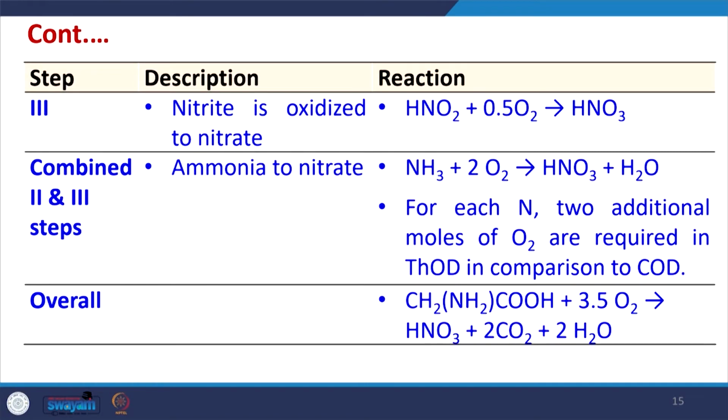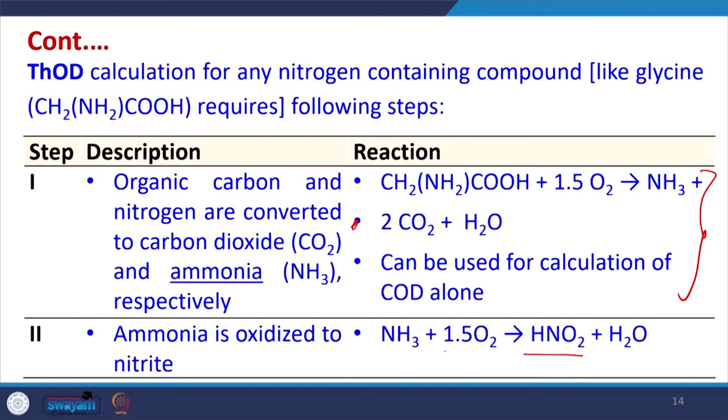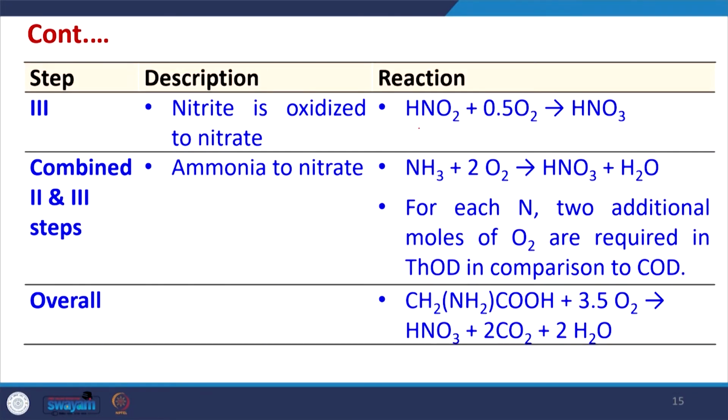Now, in the third step, the nitrite is oxidized into nitrate. So, this also we have to combine. Ammonia has to be converted into nitrite, if we combine the second step together. If we cross check this reaction, ammonia is getting converted to HNO2, then HNO2 getting converted into HNO3.